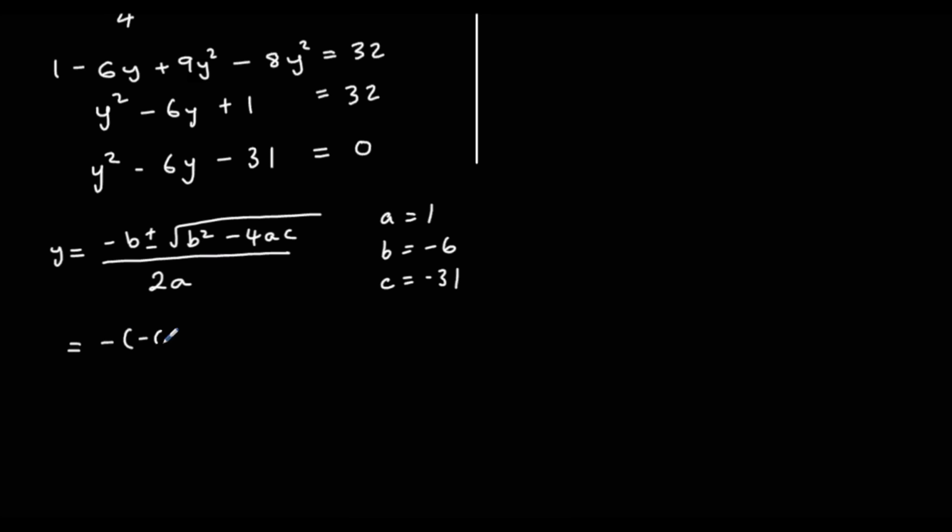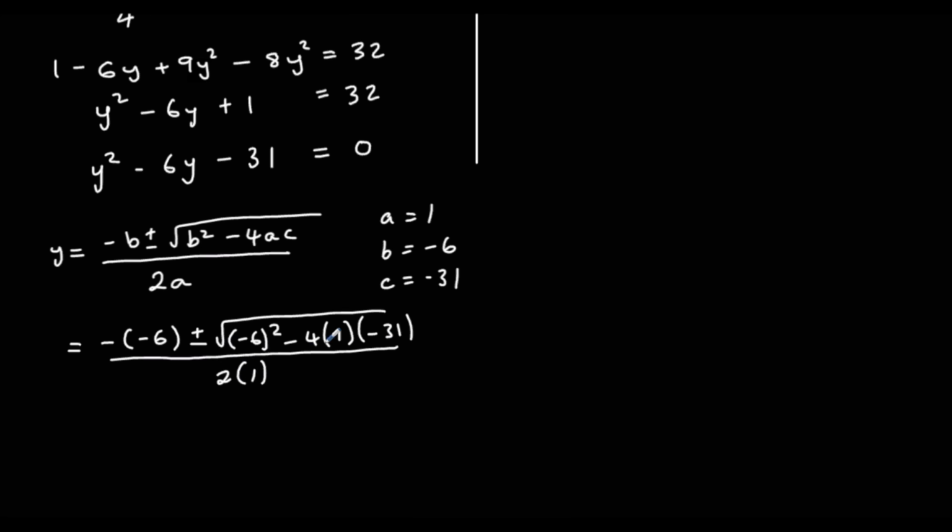So it's going to be minus negative 6 plus or minus the square root of negative 6 squared minus 4 times 1 times negative 31 all over 2 1s. So we're going to put this in twice, once for a plus and once for a minus, to get our 2 y answers.